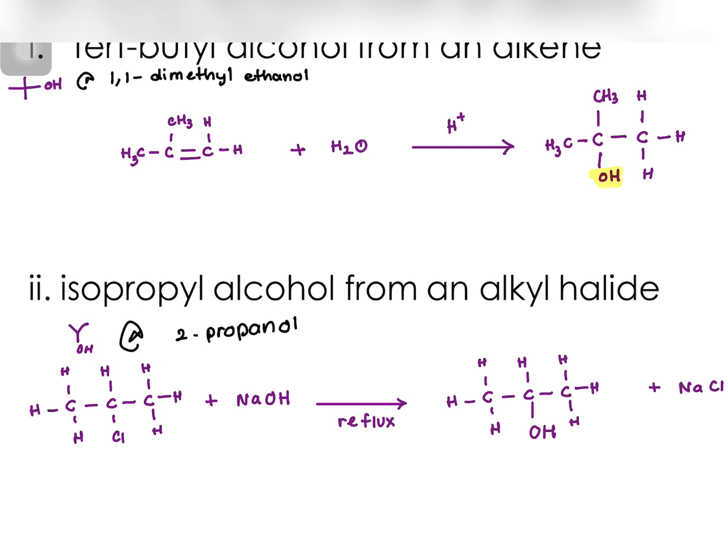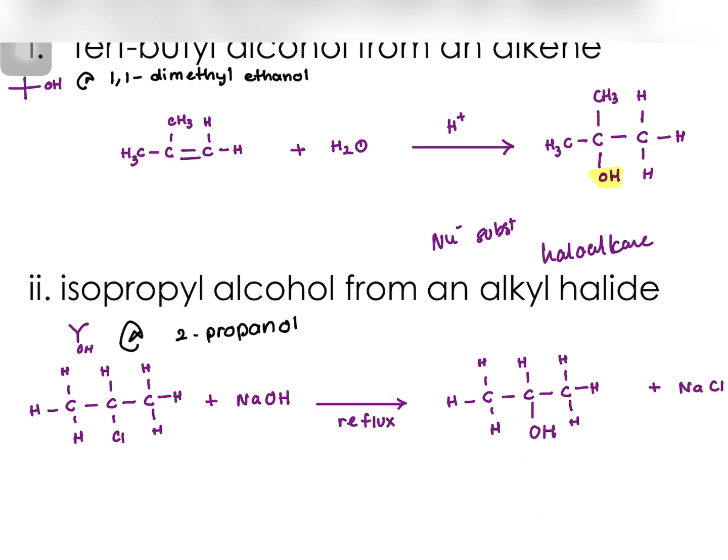Okay, so for this one, since kita menggunakan haloalkane, so this is hydrolysis of haloalkane. So maksudnya kita akan buat nucleophilic substitution. So that means OH ni, position OH tu mesti adalah asalnya position of your halogen. Okay, halogen apa?